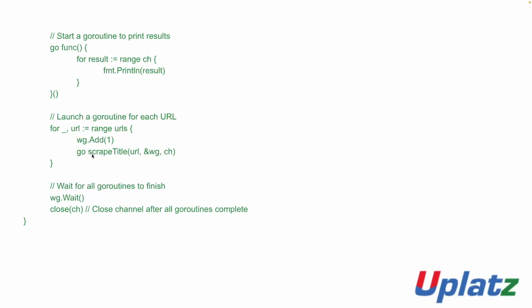This is also a goroutine: scrapeTitle(url, &wg, ch). I told you this is used as a pointer, not as a value. Then ch, this channel we have defined before. Then wait for all goroutines to finish. This is wg.Wait(). Then close(ch), close the channel after all goroutines complete.